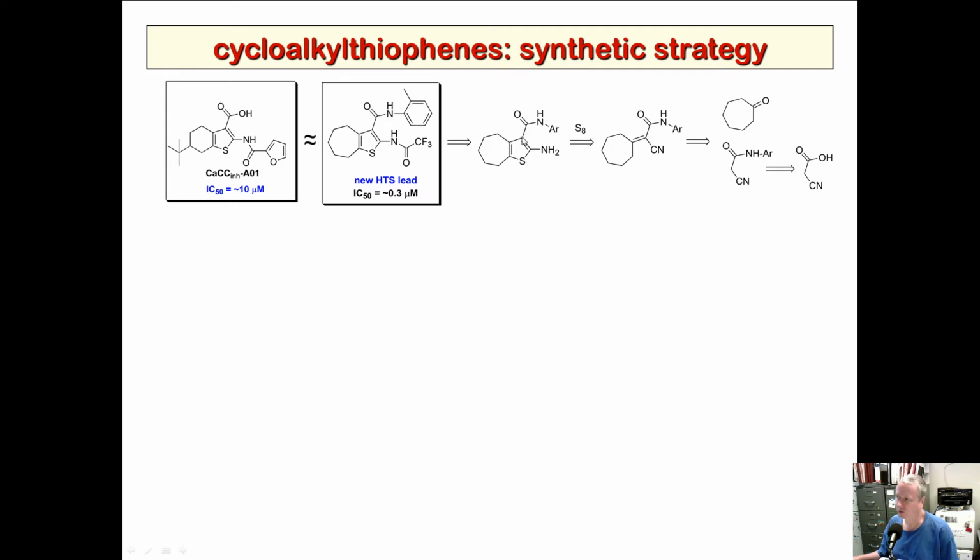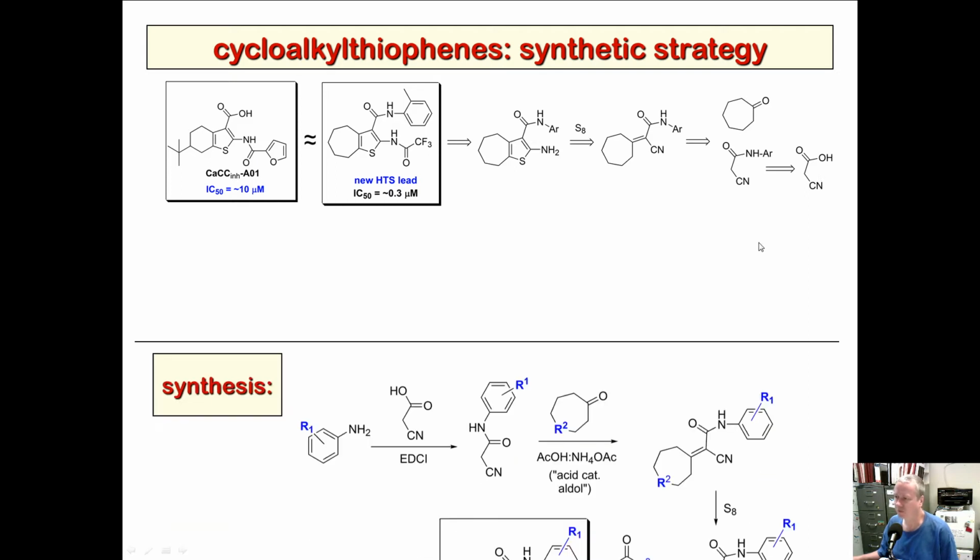It's a reaction called a Gewald reaction. From here we have an alpha beta unsaturated amide/nitrile that we can build through an aldol type reaction from cycloheptanone and a cyanoacetamide molecule. The cyanoacetamides we can create very rapidly from cyanoacetic acid using EDCI couplings.